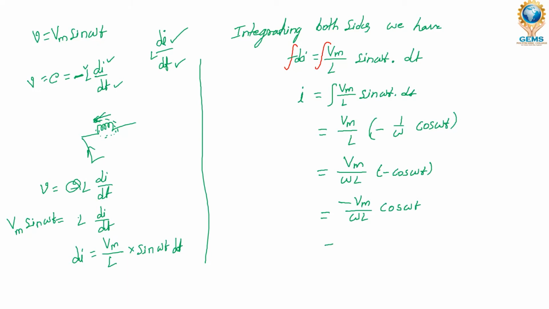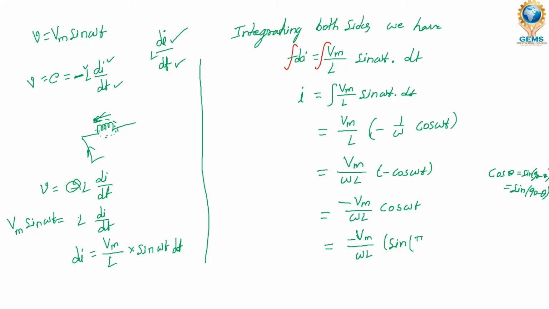We know that cos theta equals sin 90 minus theta. We can write like this. So from this, minus Vm by omega L into sin of 90 minus omega t. How can we write 90?